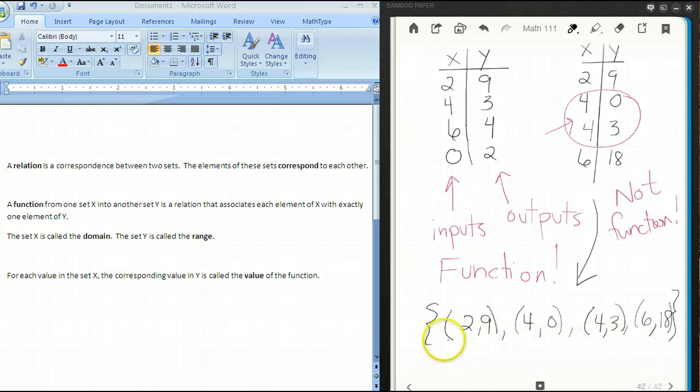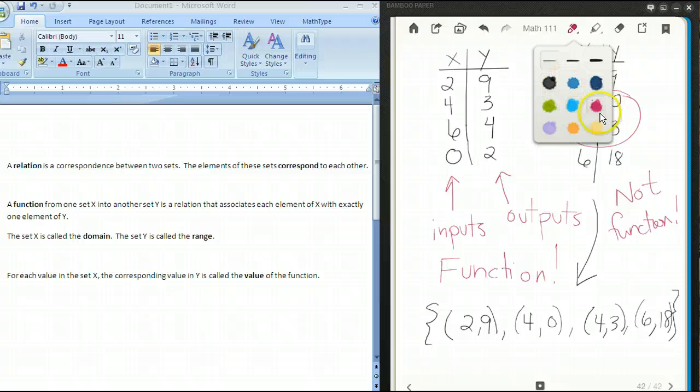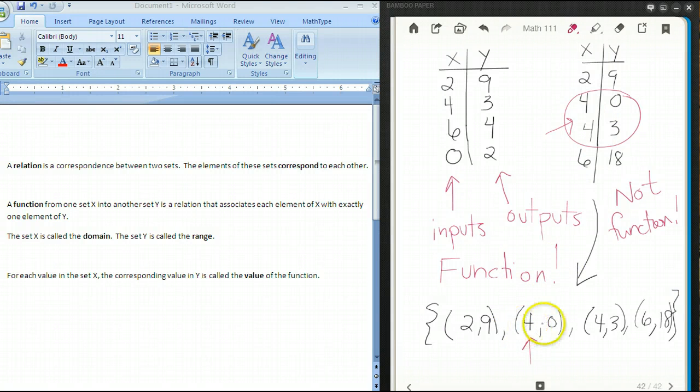If we look at this relation, we notice there are duplicates again in the x coordinate of the ordered pairs. There's a 4 there, 4 goes to 0, and 4 goes to 3, and that's bad. Because of that repeated x entry, we know this is not a function. We already knew that from the table, but seeing duplicates in the x part of those ordered pairs tells us it's not a function.